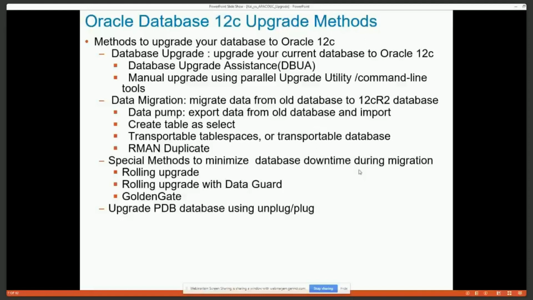Depending on your current database, you could have a direct path, where in one upgrade step you can upgrade your database to 12C R2 or 18C. If your database is in a current version, like 11.2.0.3 or later, or 12C R1, that is called a direct upgrade. Oracle supports direct upgrade for those databases.